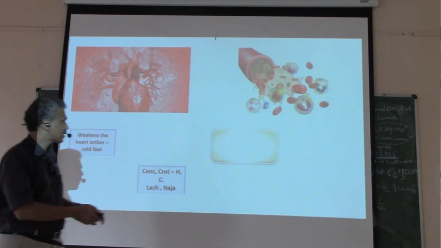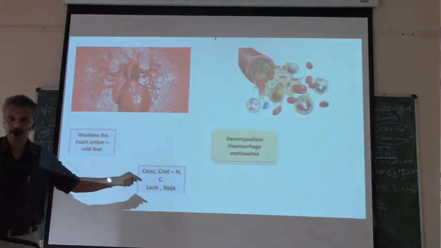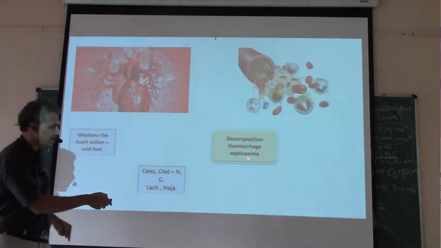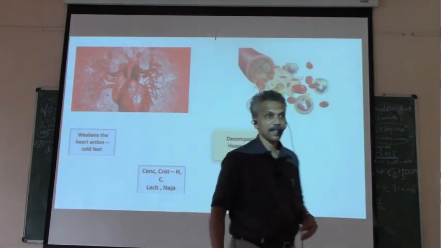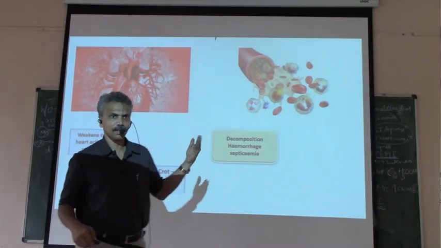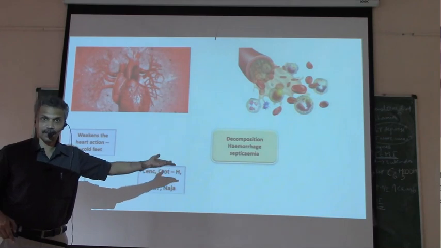Not only destruction, it will cause decomposition. It will cause hemorrhages. And one word that should come to your mind is septicemia. Very important. If you look into the rubric septicemia, you have, like I said, Crotalus horridus.